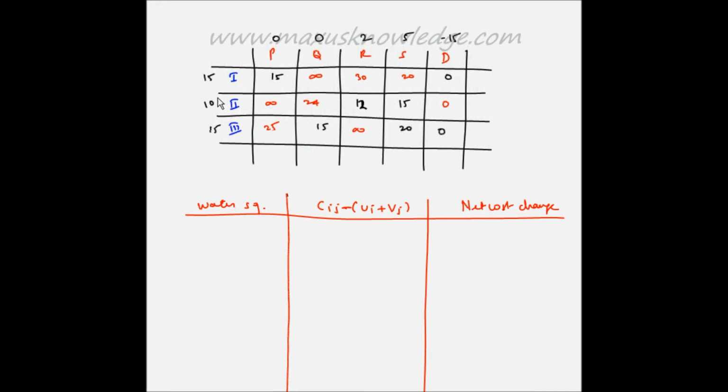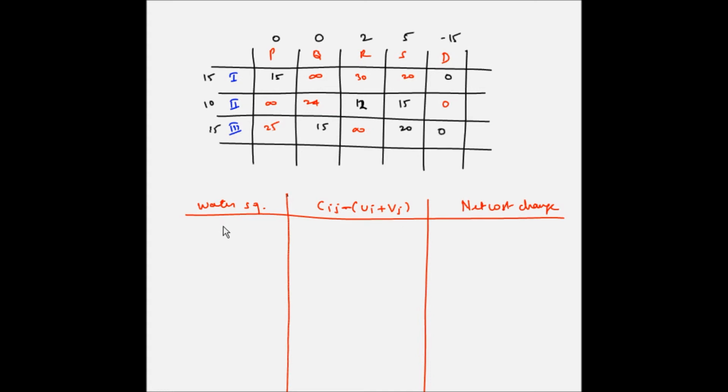Also, I have placed the values of Ui and Vj that we obtained in the previous step. Now we need to find the net cost change value for the water squares, that is the squares with these numbers in red color. The net cost change value is found by using the formula Cij minus (Ui plus Vj).